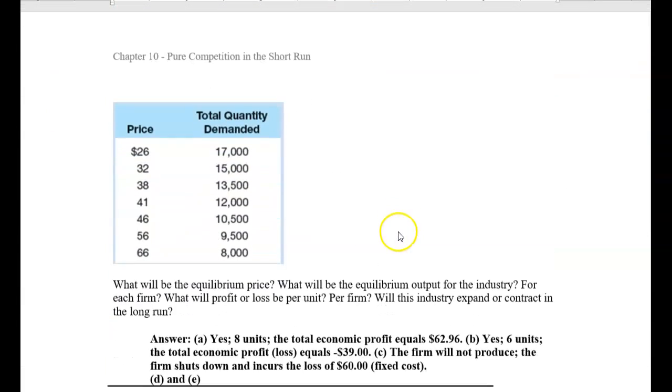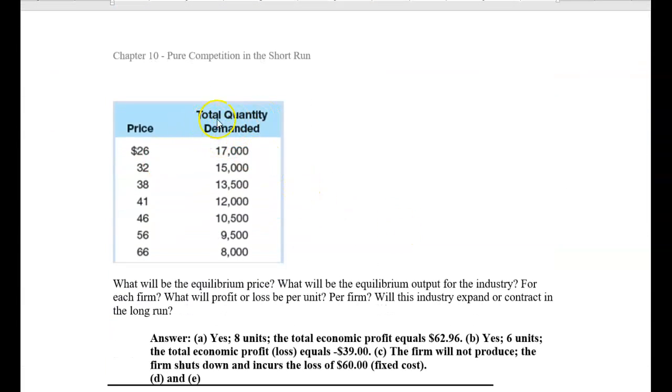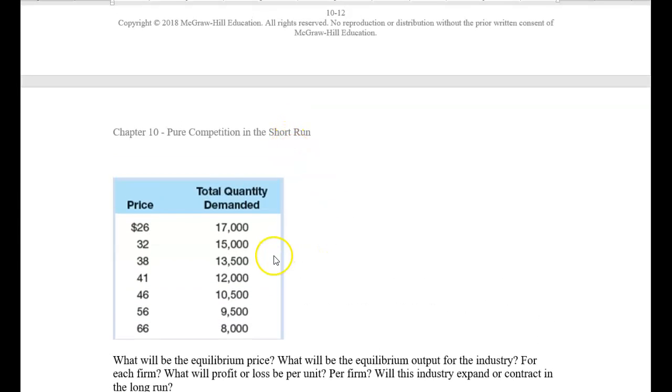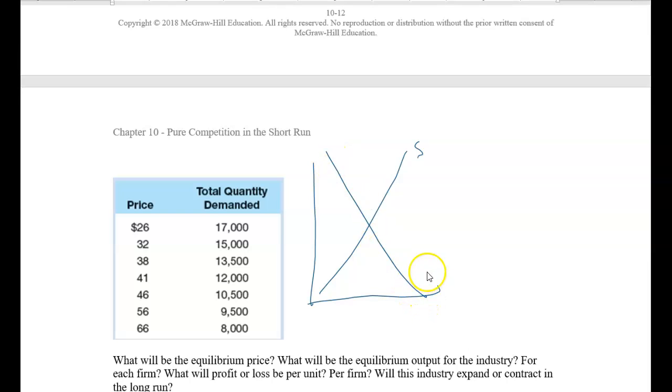Then you are given the total quantity demanded in the market. So you are being asked, again, to figure out the supply curve. They're giving you the demand, and you're going to be asked to find equilibrium price, sorry, my little dots are off, and equilibrium quantity.